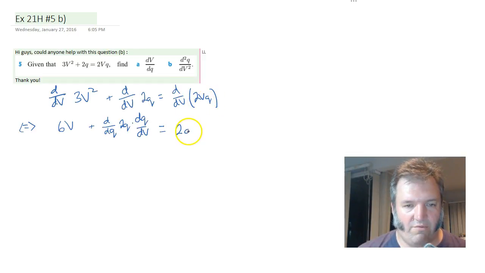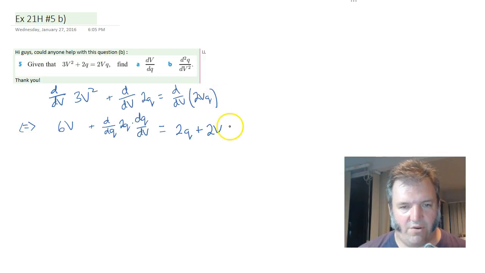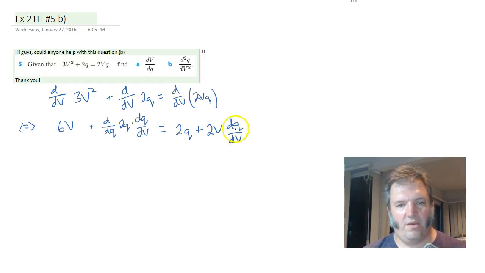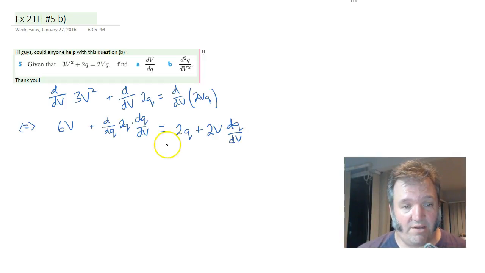Remember, the derivative of the first half times the second half, plus I leave the first half alone, and I've got to do d dv of q, which is of course dq dv. d dv of q, the q just ends up on the top and you get dq dv. Excellent, I've got my dq dv's.